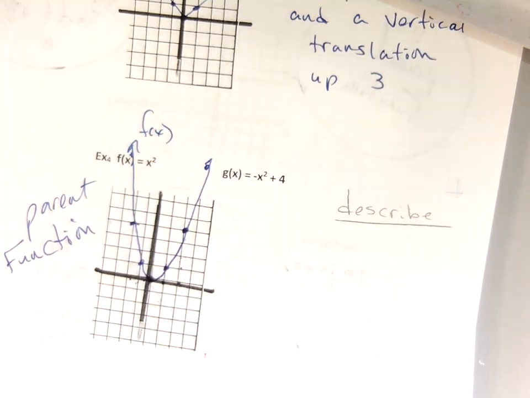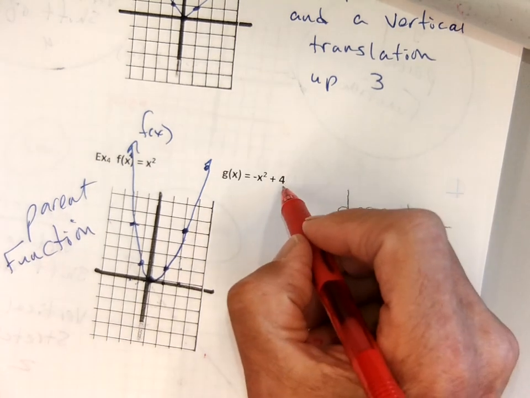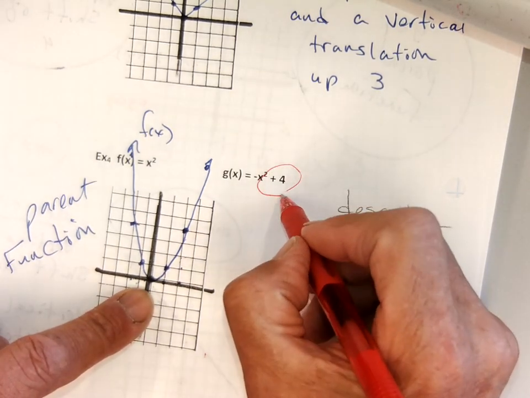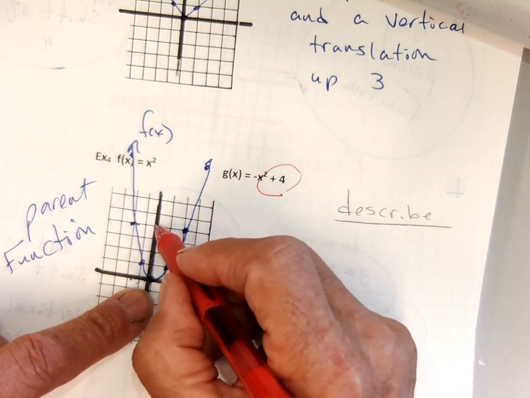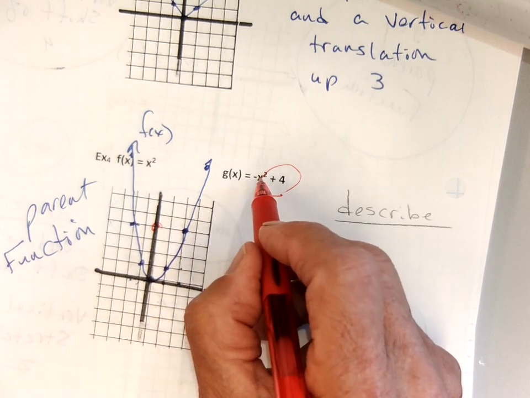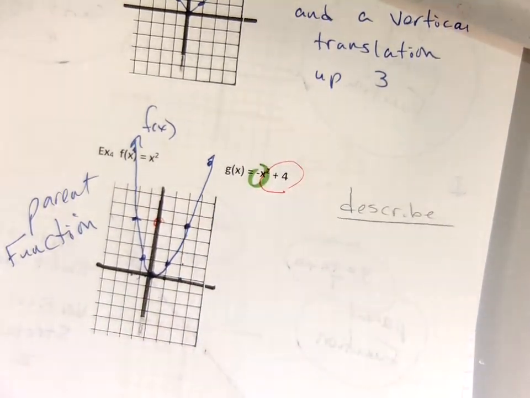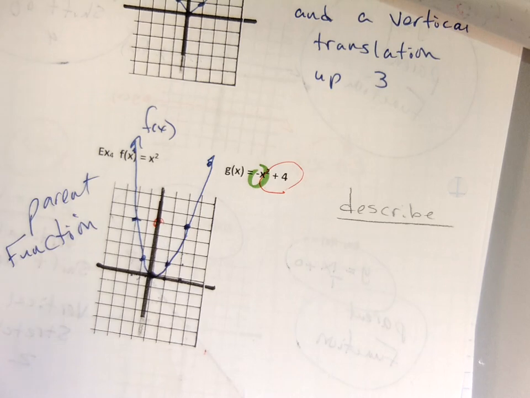And I'm going to move it. So this graph is going to have to be up 4. 1, 2, 3, 4. But what do you think the negative here means? You see the negative? Anybody want to guess what that negative means? Make it smaller. Actually, it will make it smaller, but good guess. Thank you for volunteering. I like that. Anybody have another guess?